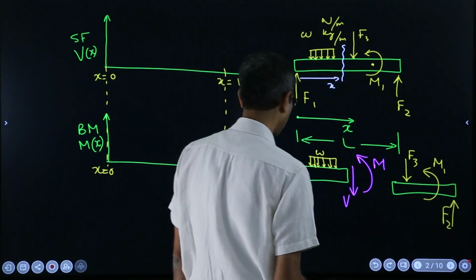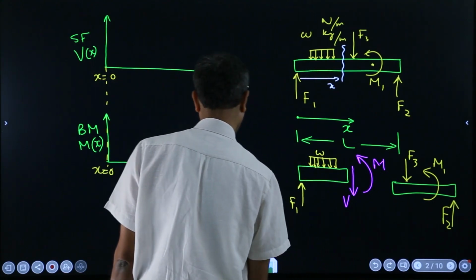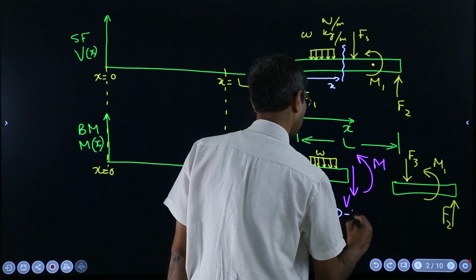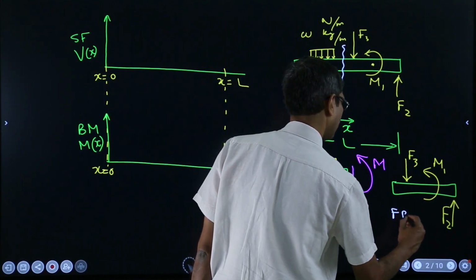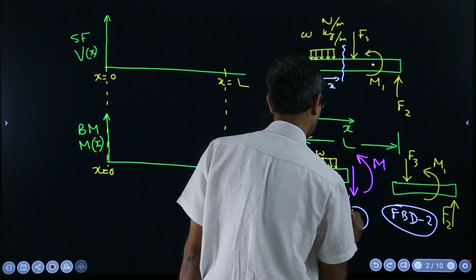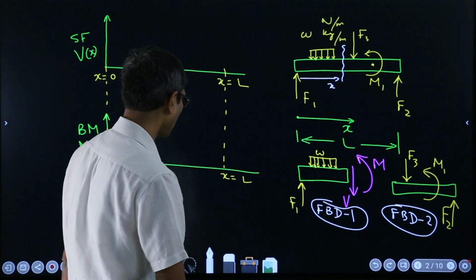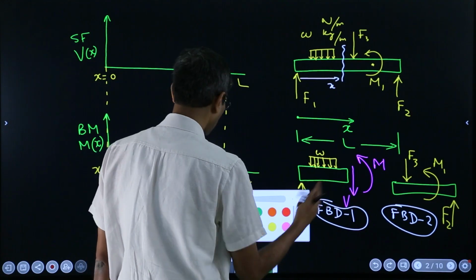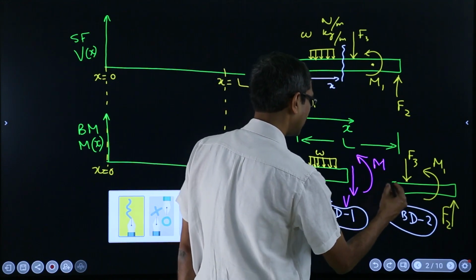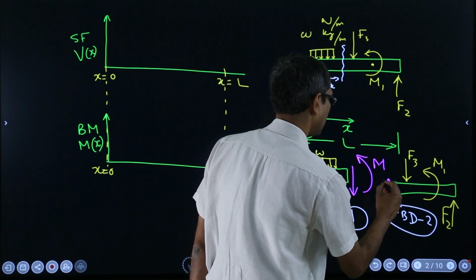Now if you keep this side of free body diagram, so I'll just write it here, say FBD version 1 and this is FBD version 2. So anything is fine, any one is as good as the other one technically, but convenience wise one may be better than the other. Anyway, so now if you keep this, then the positive senses are like this for V and this for M.